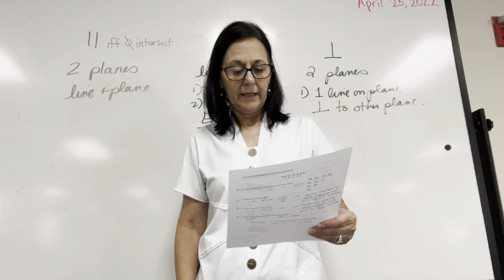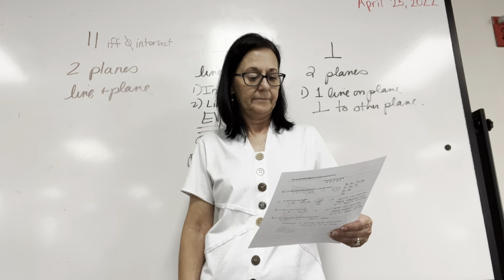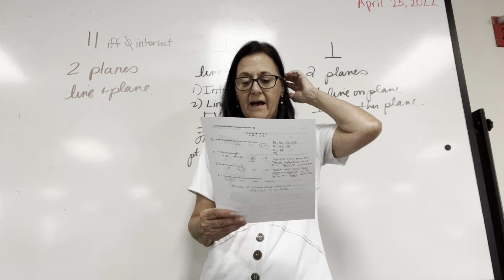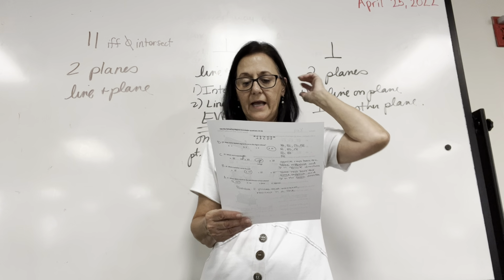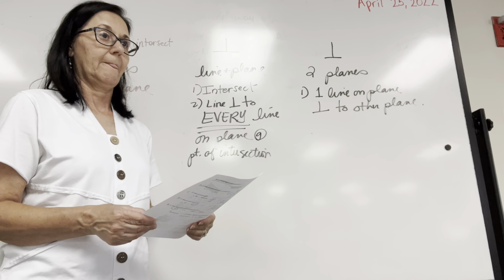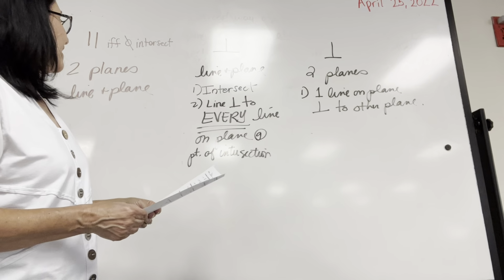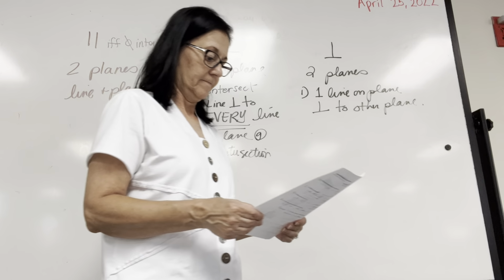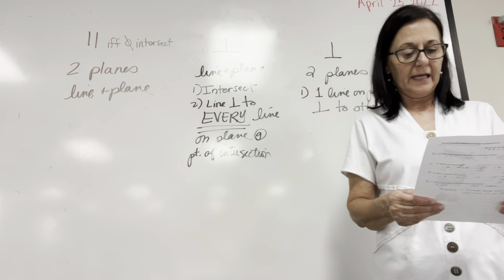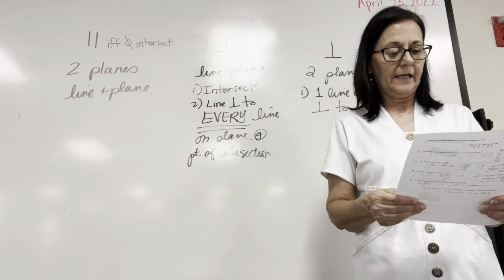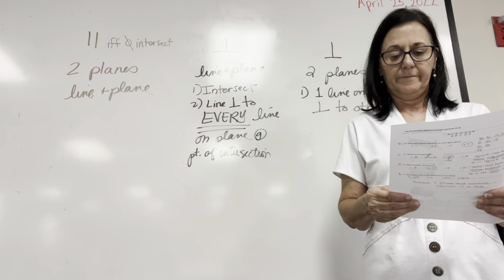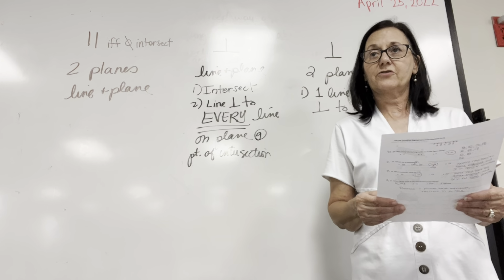Is plane A parallel to plane FGH? Wait, is it a plane because it only has 3 points? Well, it only gave 3 points, but it would be ABCDE. Oh, okay. Yes, it is true.